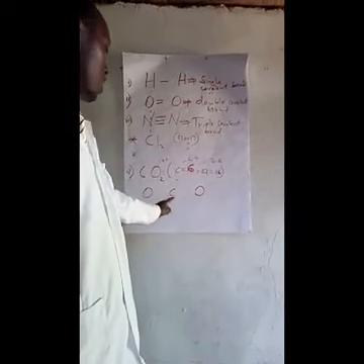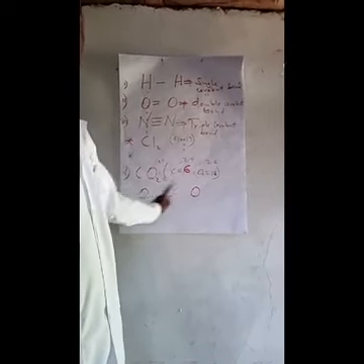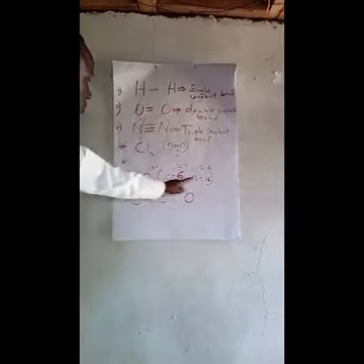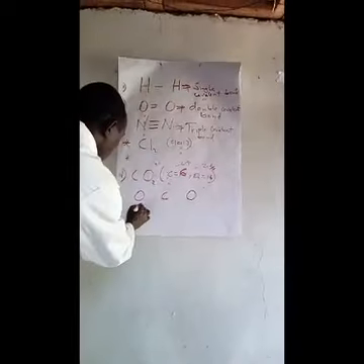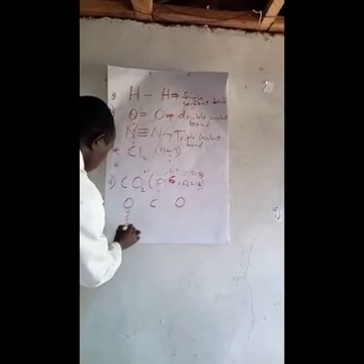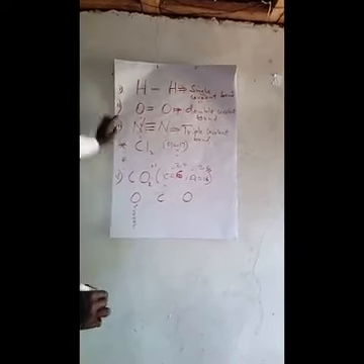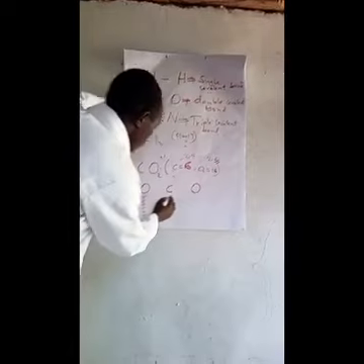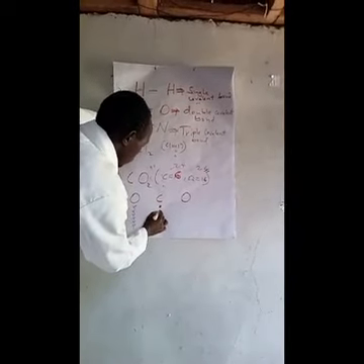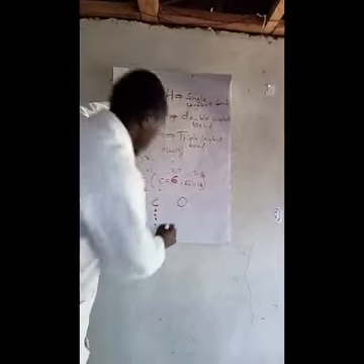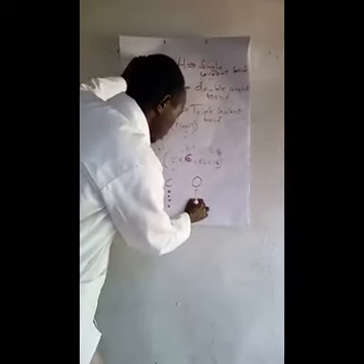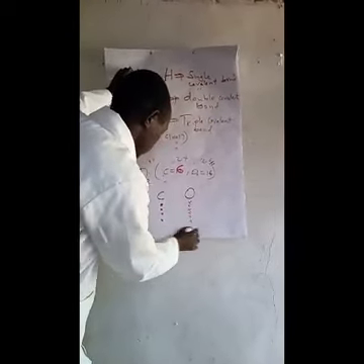So let me say I am using dots for carbon and crosses for oxygen. Oxygen has 6 electrons, so you have 6 crosses: 1, 2, 3, 4, 5, 6. Carbon has 4, so 1, 2, 3, 4. Oxygen is 6 again: 1, 2, 3, 4, 5, 6.